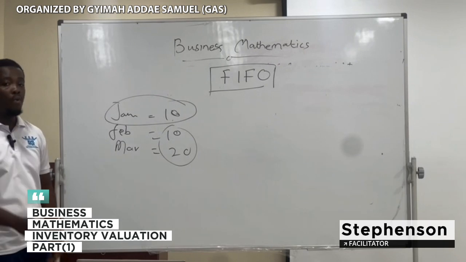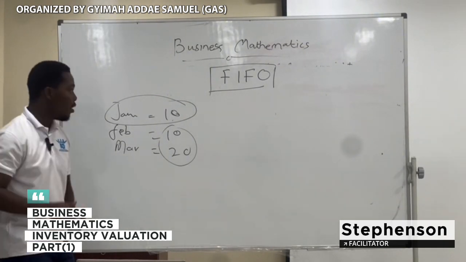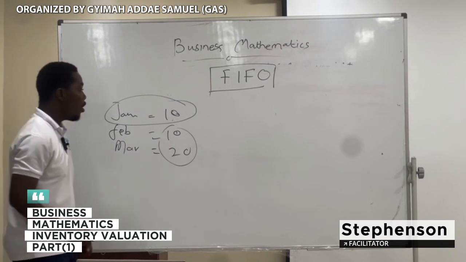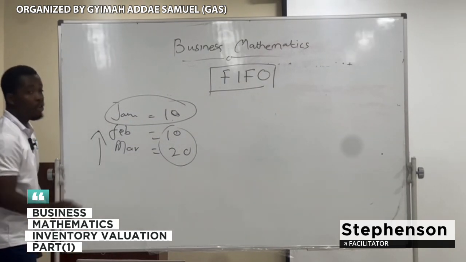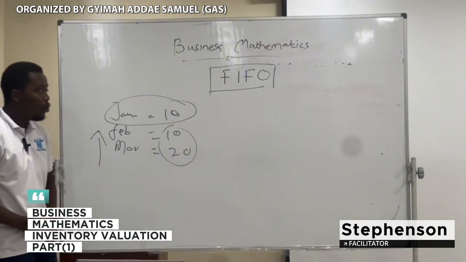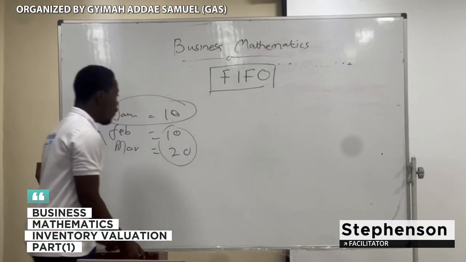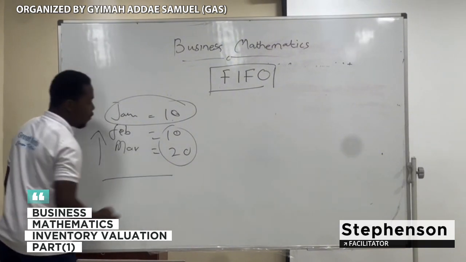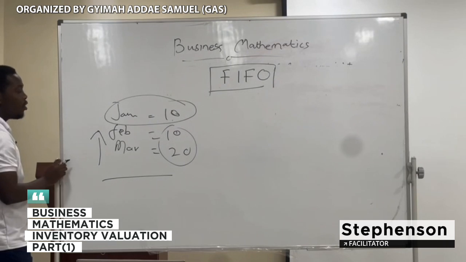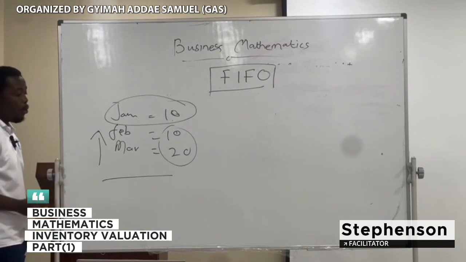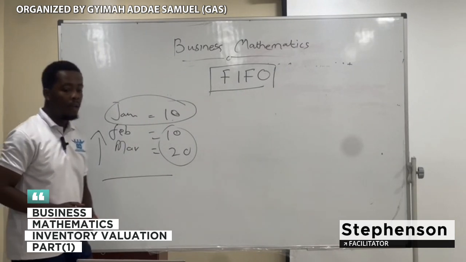With the rule of FIFO, when you are valuing your inventory, you start valuing from the down, then you move upward. Take it very seriously, or else you get confused. So we start valuing our inventory using FIFO from the down, then we move upward.